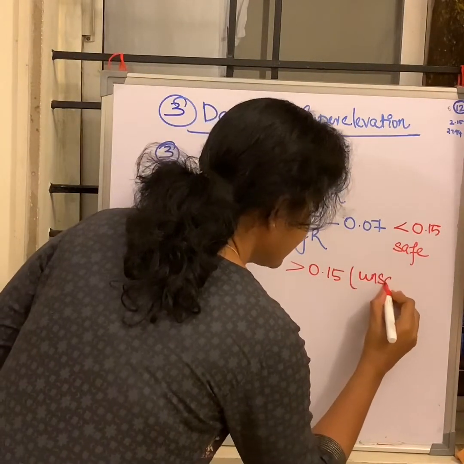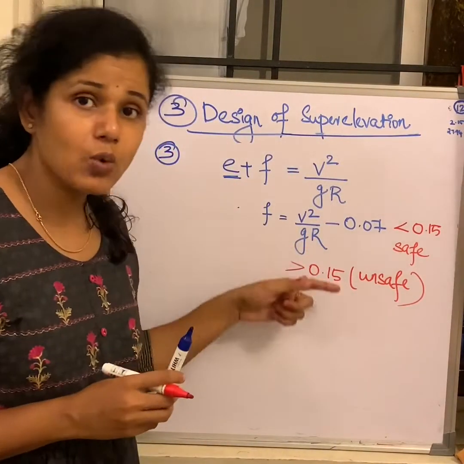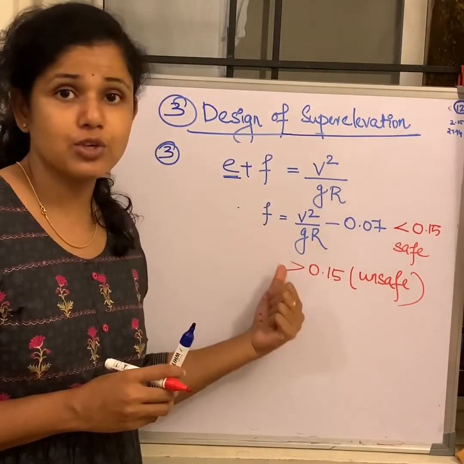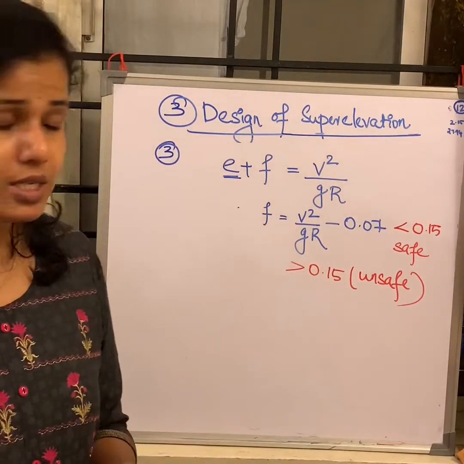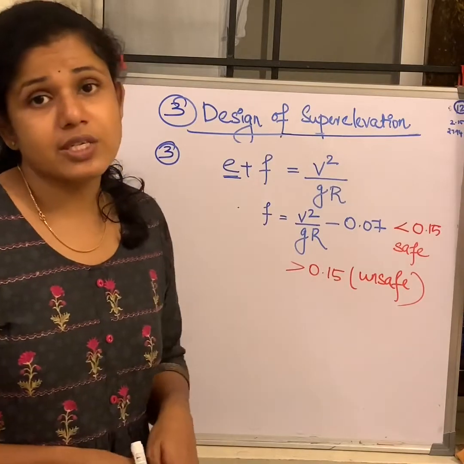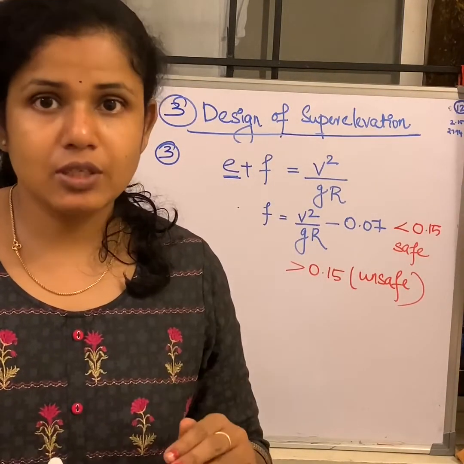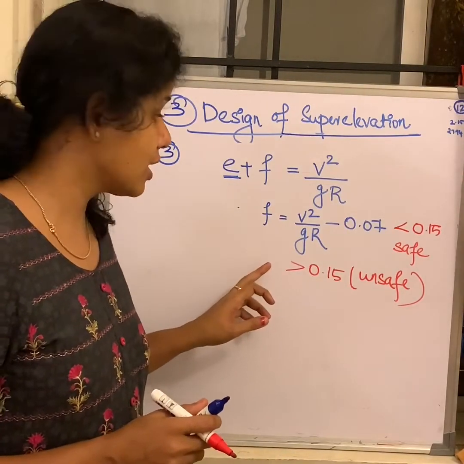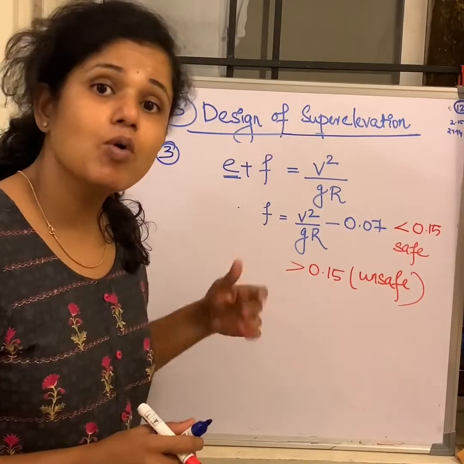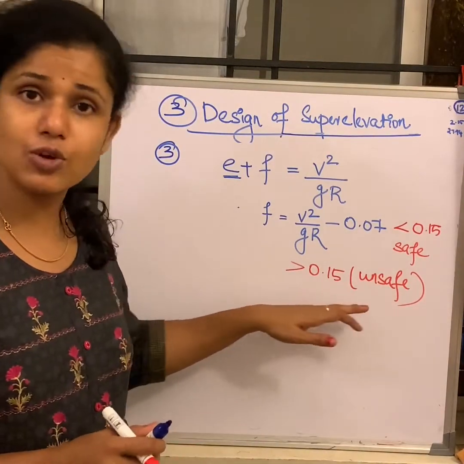You cannot counteract the force with this kind of friction. You need more friction than this value. That is what I meant by unsafe. Now, in such a scenario, what are the possible actions for you? I know that I am limiting the super elevation and I am in an unsafe position, because I need more friction, but I need to limit the friction in that case to 0.15.